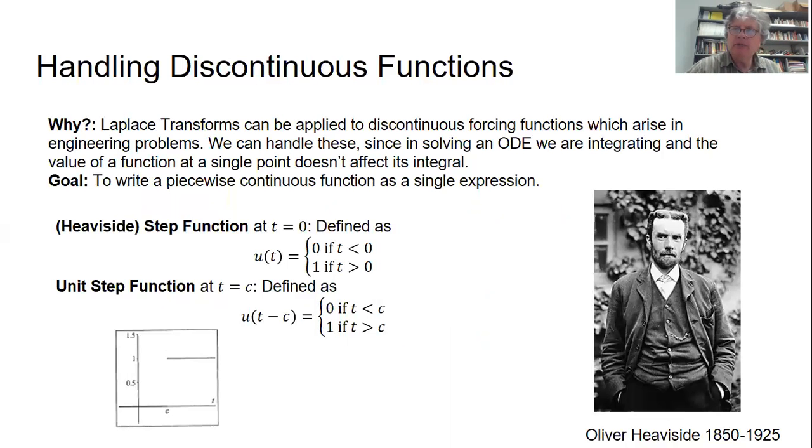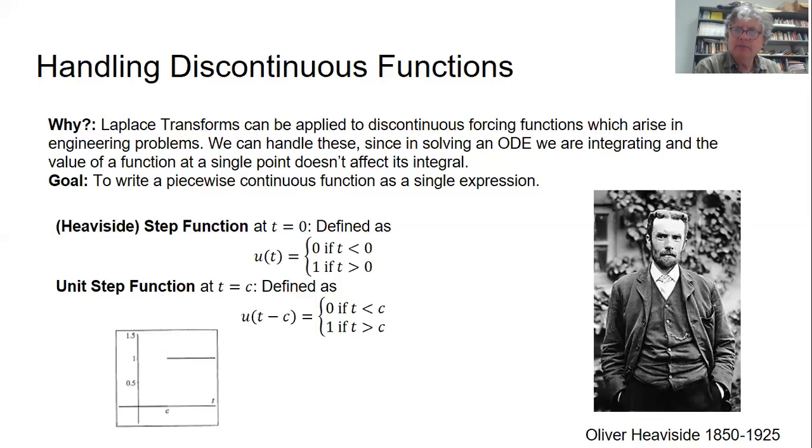Okay, this all goes back to Heaviside, a famous English mathematician, electrical engineer, and sort of a pioneer in the early stages of telecommunications. He was really involved with cable and telegraph. He worked out a lot of stuff. I think he invented the coaxial cable.